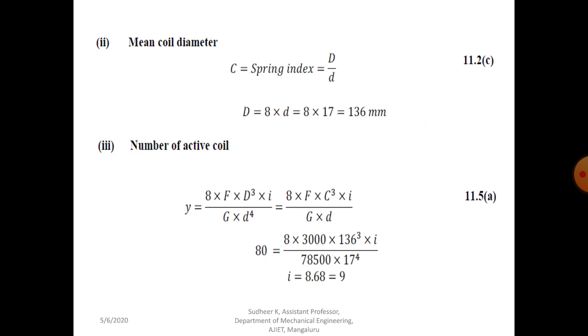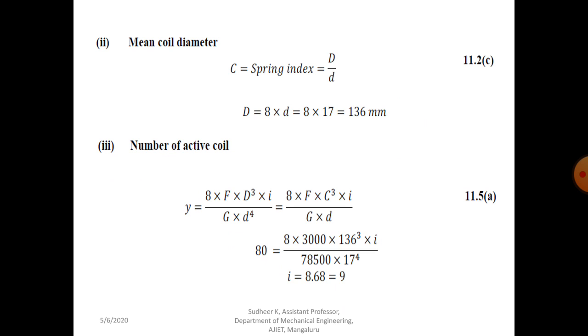Now we have to find out the active number of coils in the spring, because a spring always consists of active coils as well as the ends of the spring. The spring has two ends attached to some inactive coils, which we are not supposed to consider.